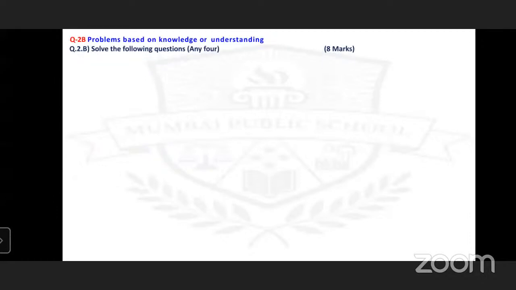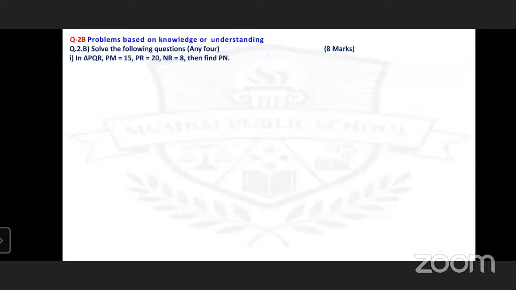Now we discuss the next part, that is question number 2B, problem based on knowledge or understanding. So again, options are here. Solve the following questions, any 4, and total marks is 8, means each question carries 2 marks. Now first question, in triangle PQR, PM is equal to 15 and PR is equal to 20.